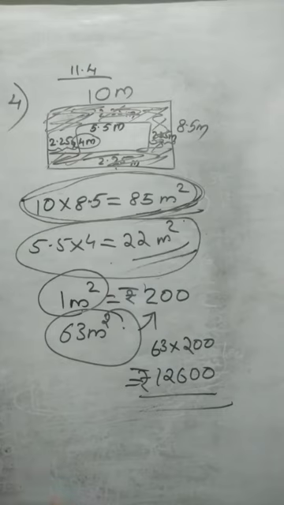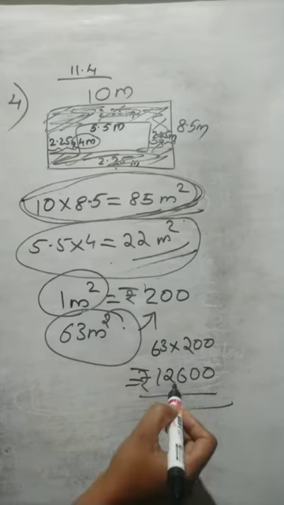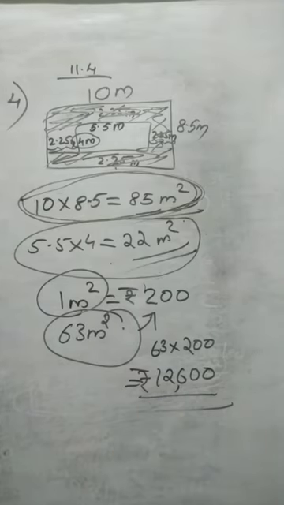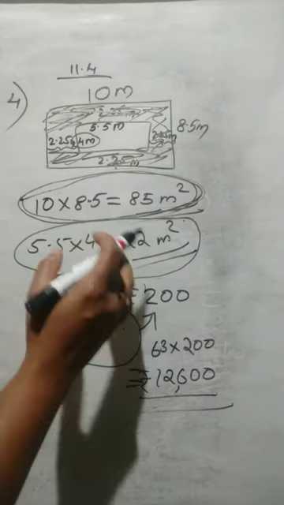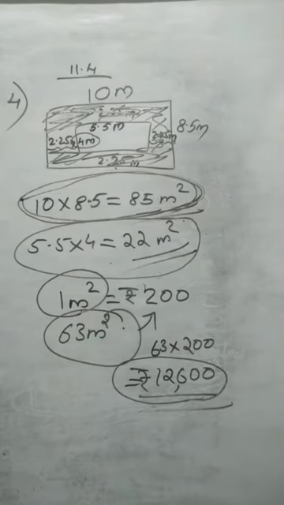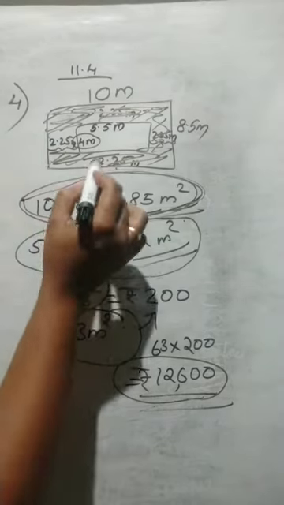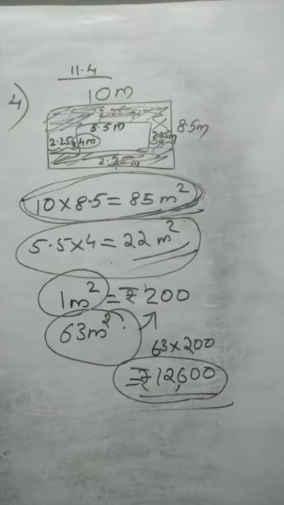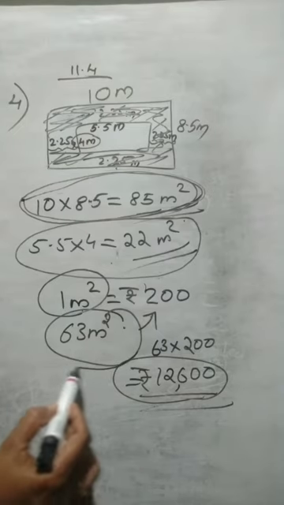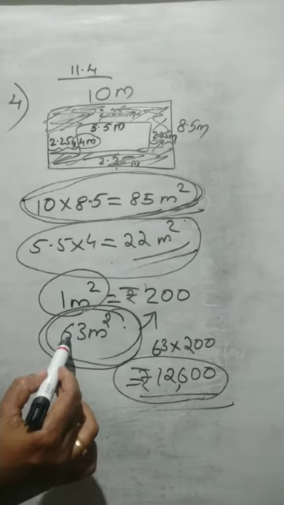So 12,600 rupees. Total cost of cementing the floor is 12,600 rupees. How can we find it? We know the cost of 1 meter square area. The total was 63 meter square.